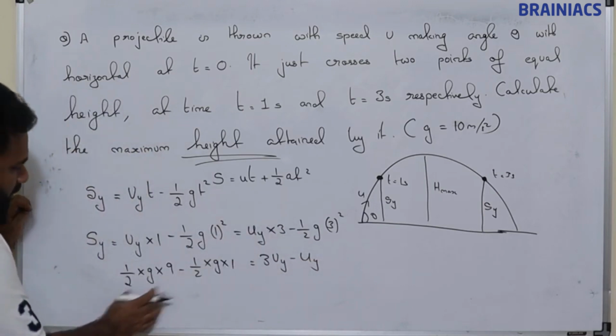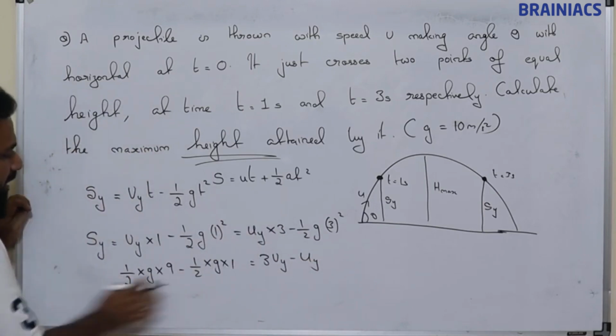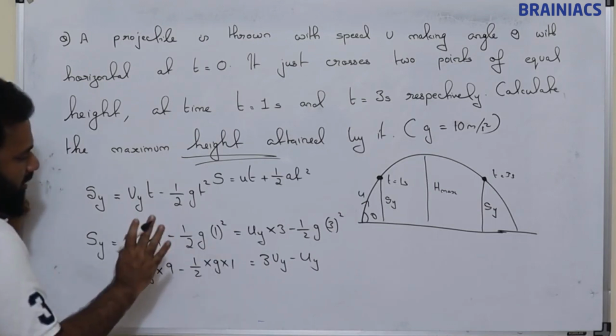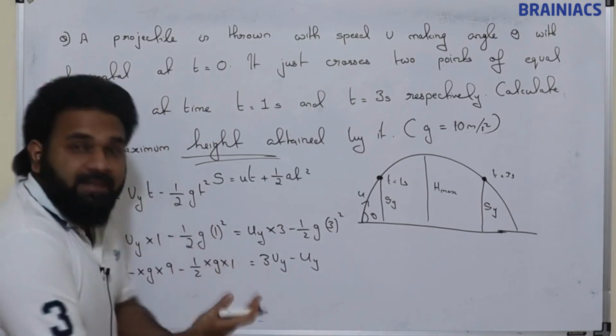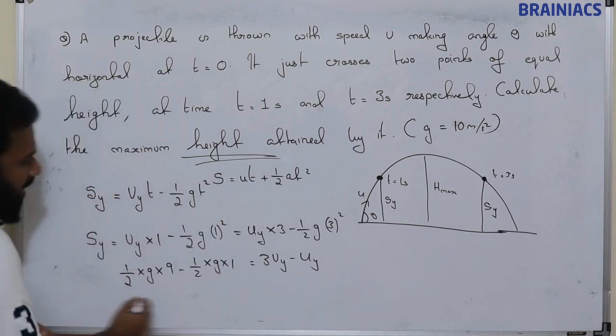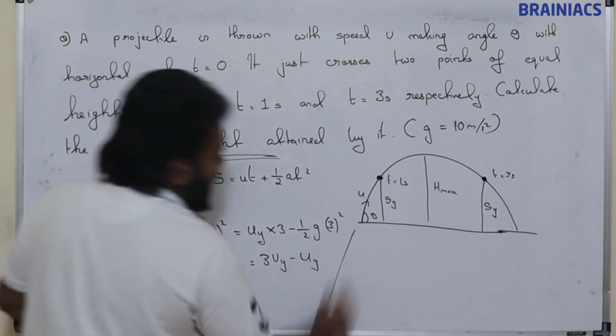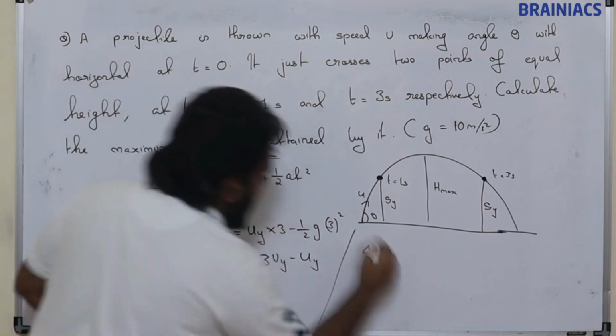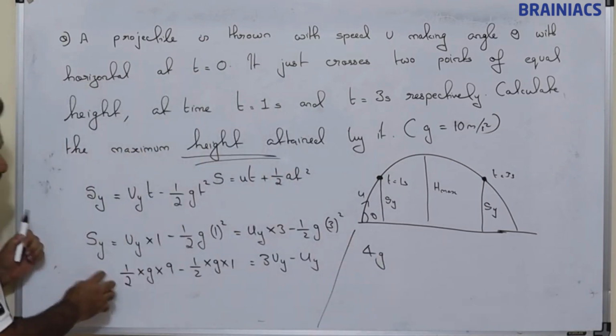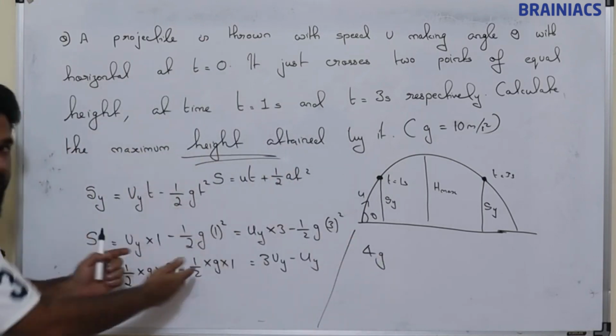If we take half outside, 9g minus 1g is 8g. 8g divided by half will be 4g.